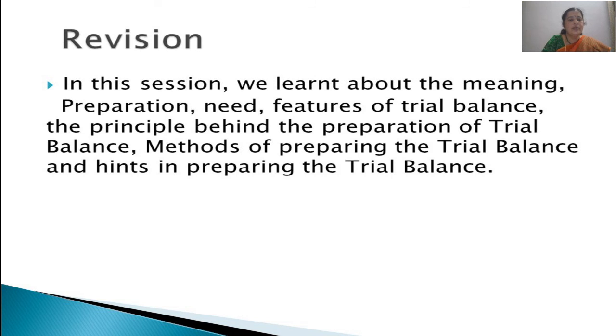So in this session we learnt some theoretical aspects of the trial balance: the meaning of trial balance, how we prepare it, why we prepare it, what its features are, how it's possible to ascertain arithmetical accuracy, and two methods of preparing it.